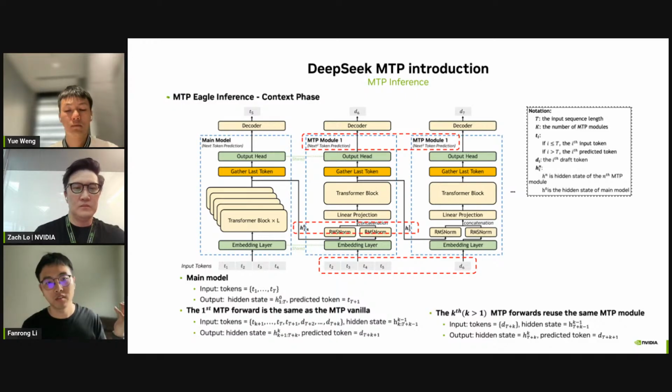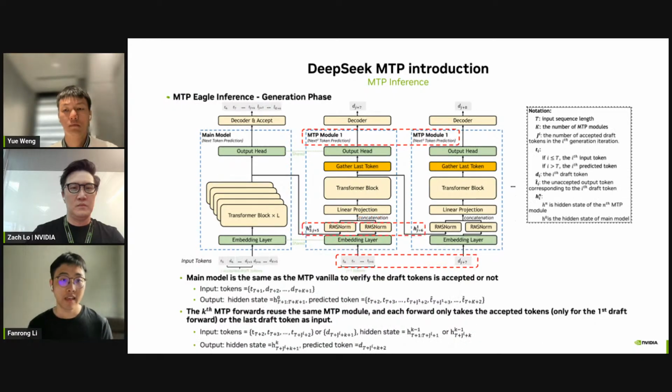Here we will only input draft token 6 to the MTP module, and also the corresponding hidden state. So it will be much easier. In MTP vanilla, we still need to input many different tokens and many different hidden states. Here we only need to input one token, so this is another benefit compared with MTP vanilla.